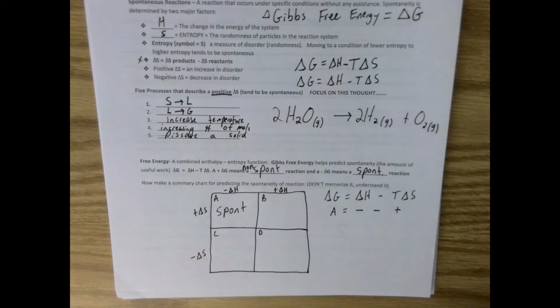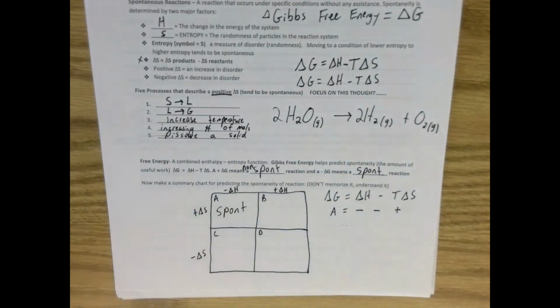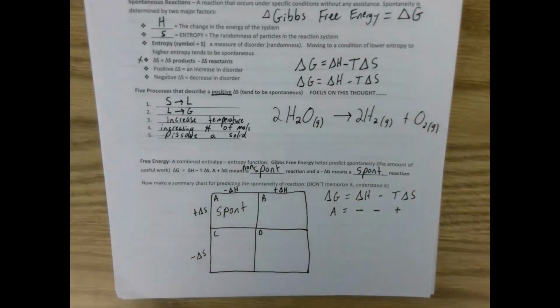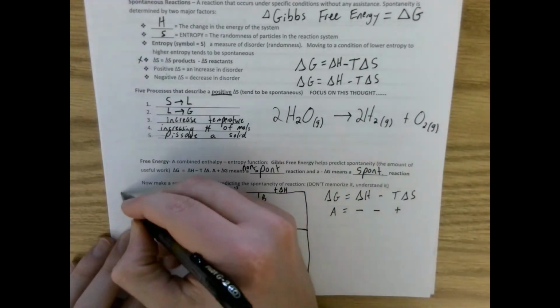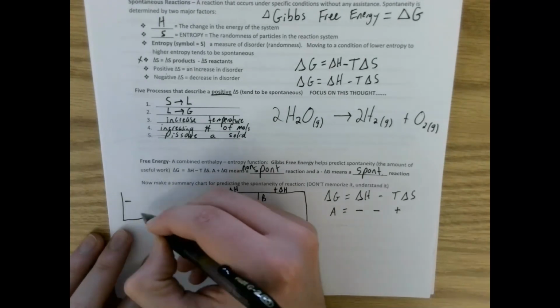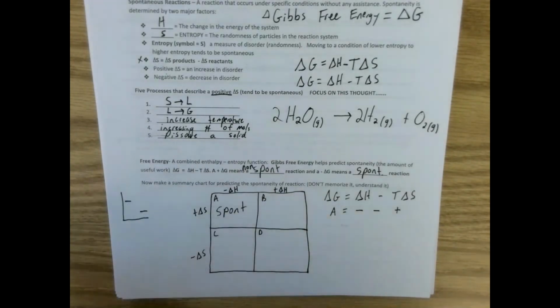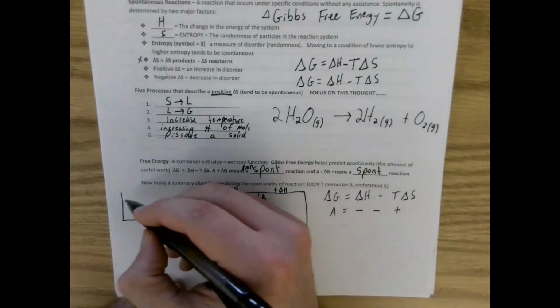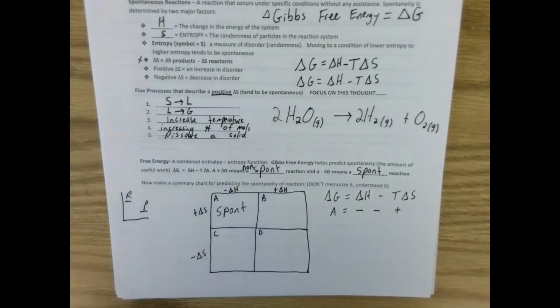If it's always spontaneous, let's think about what happens there. So negative delta H tells me endo or exo. Exothermic. So are the chemicals gaining energy or losing energy? They're losing. So they're going from high energy to low energy. I can put reactants, products. What's more stable? High energy or low energy? Low energy. Okay?